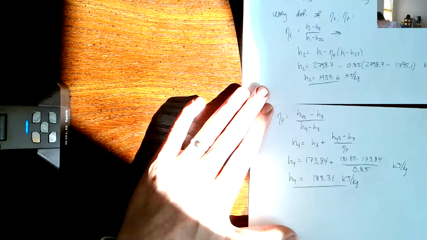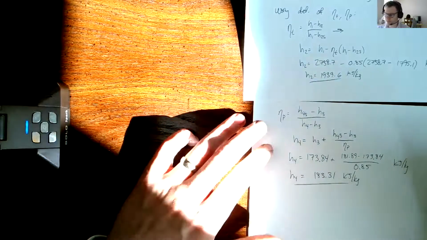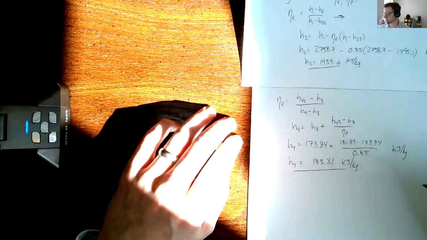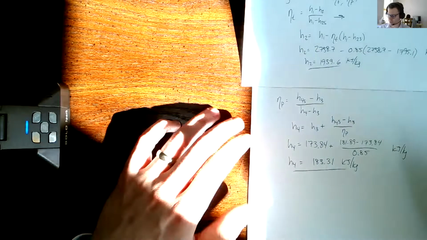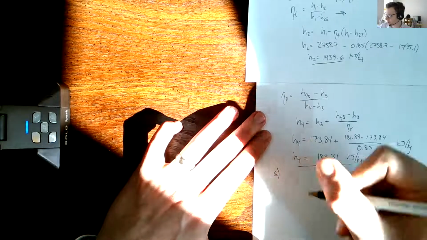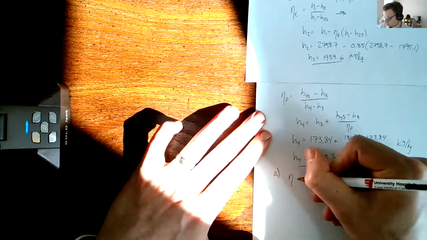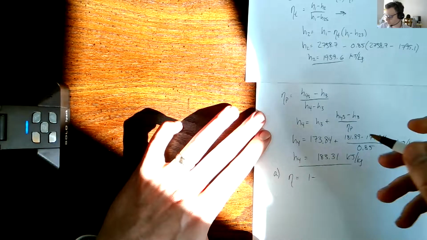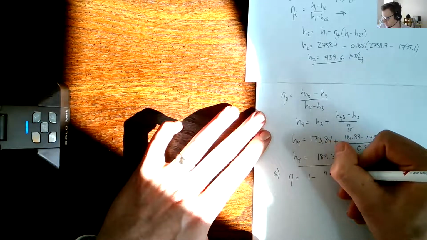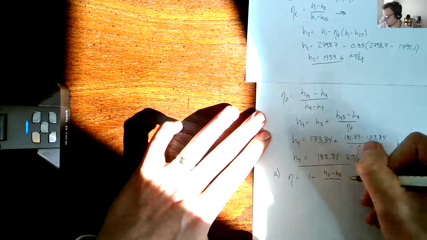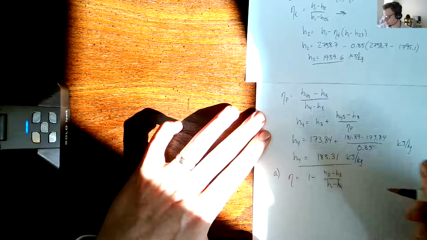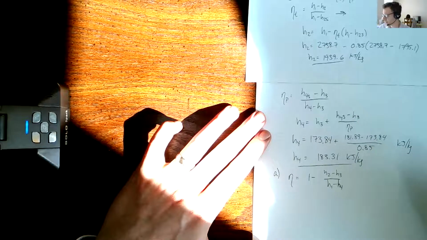Okay, and so now, just like we did before, we can use these enthalpies at the various states to figure out what our parameters are that we want to know. So part A, the first thing we want to know is the overall thermal efficiency. This we saw from before, we derived for a Rankine cycle is equal to 1 minus (H2 minus H3), that's Q out, divided by (H1 minus H4), that's Q in.